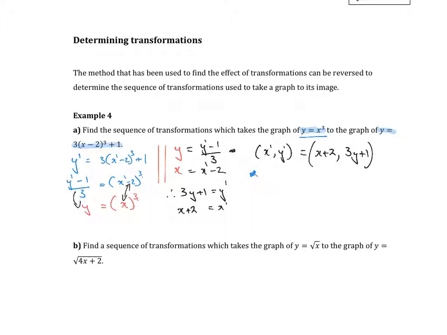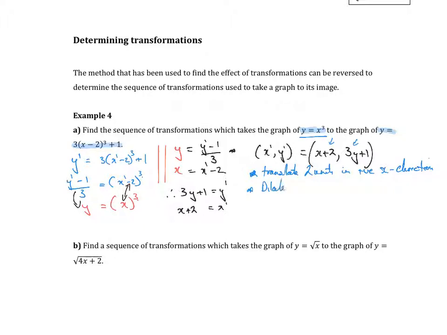So what is this plus 2? If I add 2 to the x value, it's a translate 2 units in the positive x direction. And if I consider the y values, I've multiplied the y value by 3.